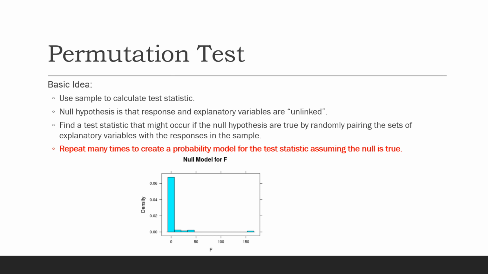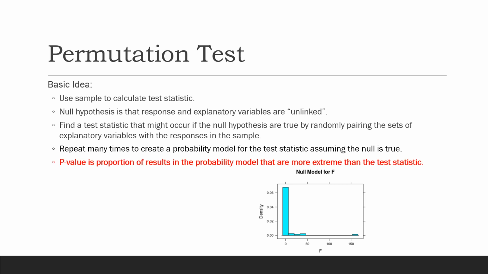Now, ultimately, I'm going to want to use this distribution to find the p-value. How do I do that? The p-value is the proportion of results in this probability model that are more extreme than the test statistic. Now remember, larger values for the F statistic are going to more support the alternative hypothesis.